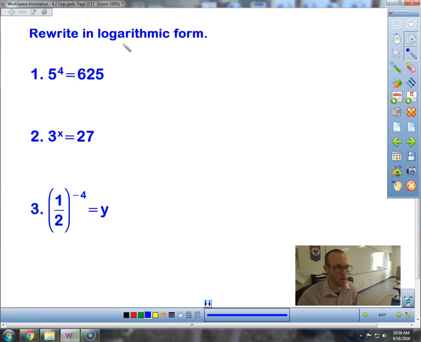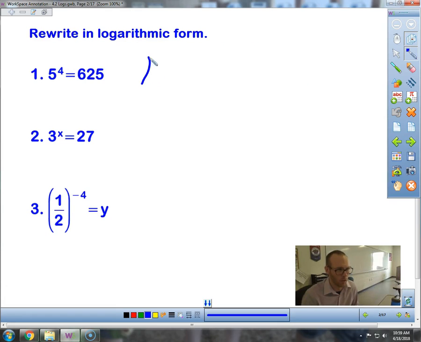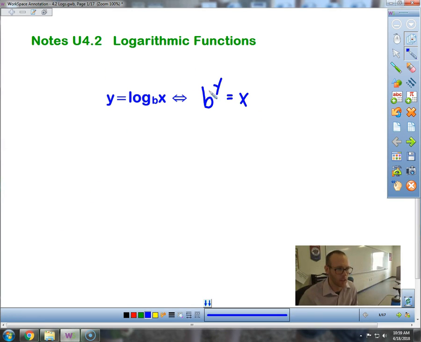So first one, let's rewrite this in logarithmic form. 5 to the 4th equals 625. So I'm starting with the exponential. I'm rewriting it as a logarithm. Okay, so I'll put log here. What's the base of my logarithm? Well, the base of the exponential is 5. Log base 5 of, well, recall that I said that the logarithm is the exponent.